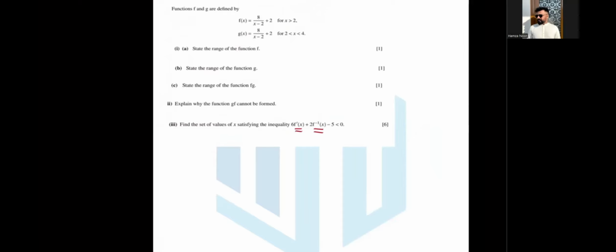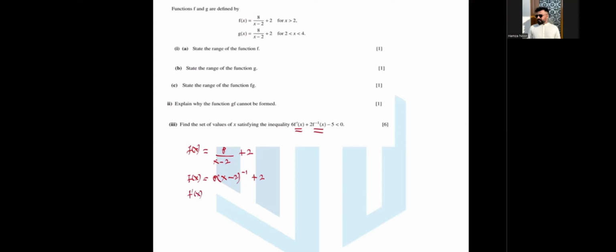Okay, so the function f(x) is 8 over x minus 2 plus 2, which means that f(x) is equal to 8 times (x minus 2) raised to the power of minus 1, and then plus 2. So I'm going to differentiate f(x) by using the chain rule.